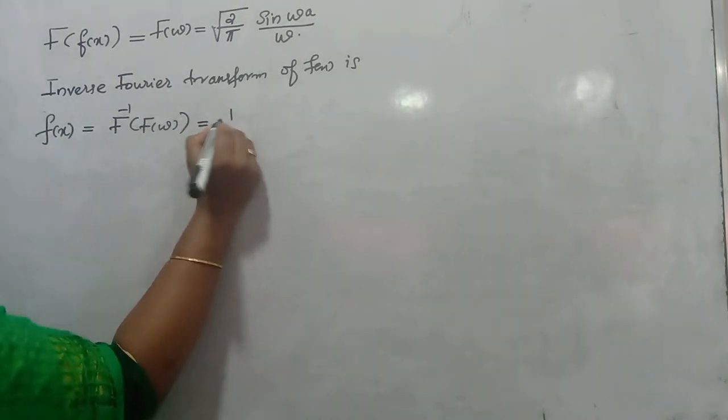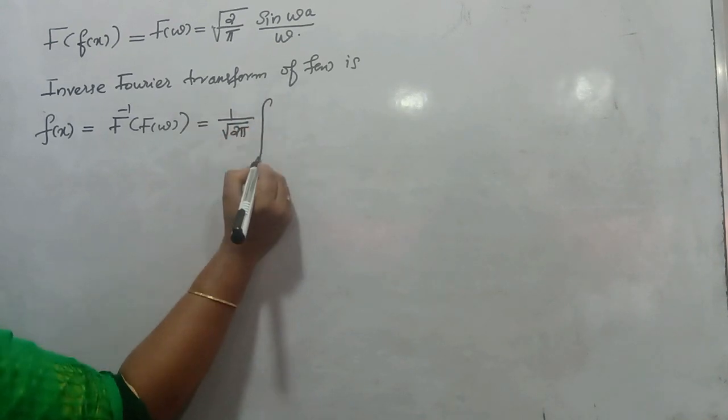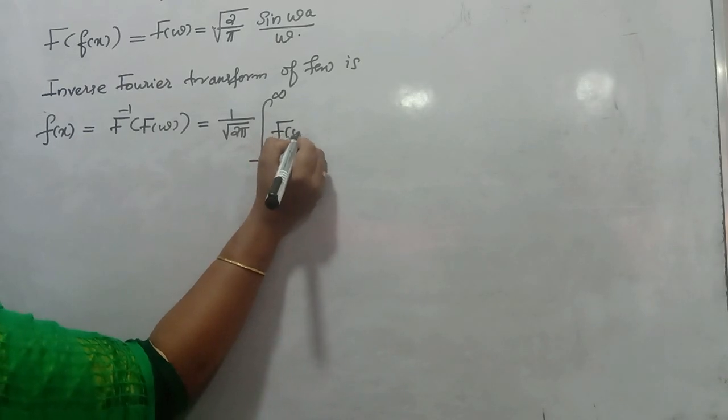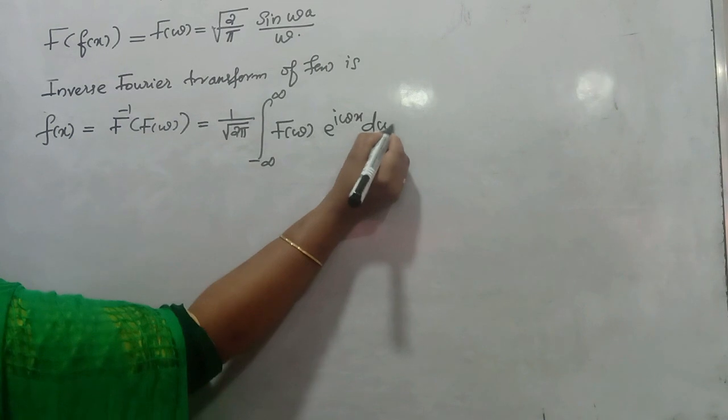The formula is 1 by root 2 pi integral from minus infinity to infinity F(omega) e raised to i omega x d omega.